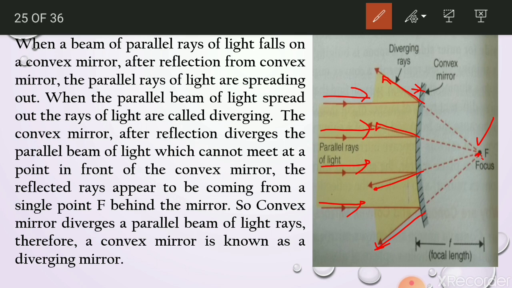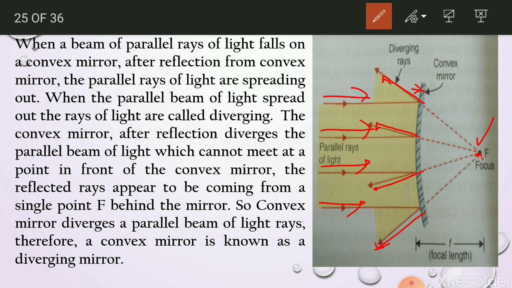In a convex mirror, the focus is a point behind the mirror from which the parallel light rays falling on the convex mirror appear to diverge. It appears that they come from this point. So the focus of the convex mirror is a point behind the mirror, from which the parallel rays of light falling on the convex mirror appear to diverge after reflection from the mirror.